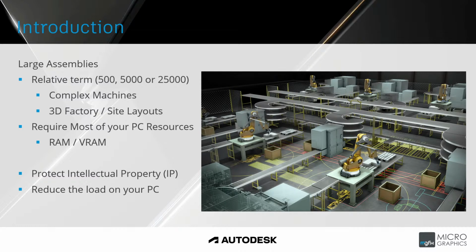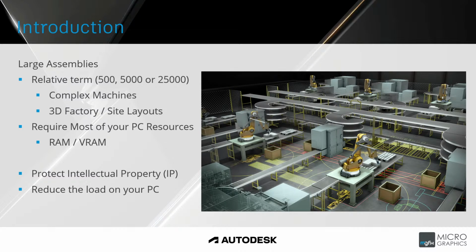And what we're going to do there is we're going to say, okay, well, we've got these large assemblies, and there's two areas which we'll look at specifically. And that is, how do we protect intellectual property when we share these assemblies with other companies, with other individuals.